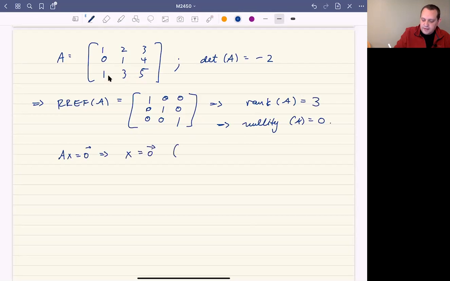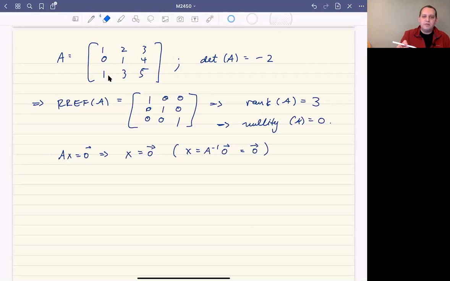That's because X would be A inverse times 0, which is, of course, 0. So we get from the determinant being non-zero that the reduced row echelon form of our matrix is the identity. From that, we get the rank as being 3 and that the nullity of A is 0. So knowing the determinant of a square matrix can tell us something about its rank and its nullity.